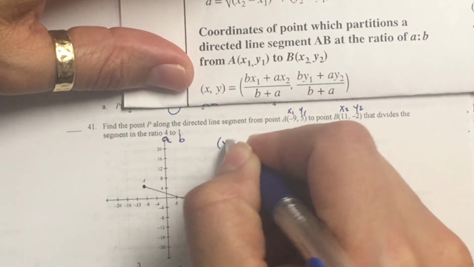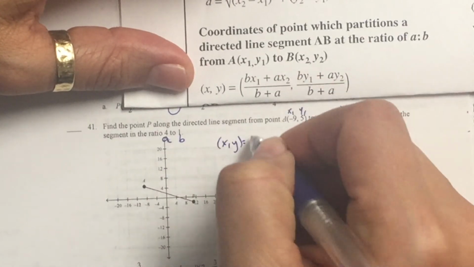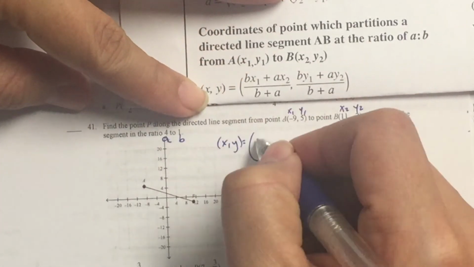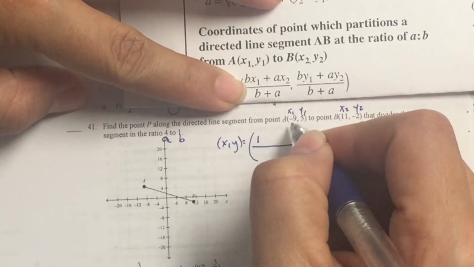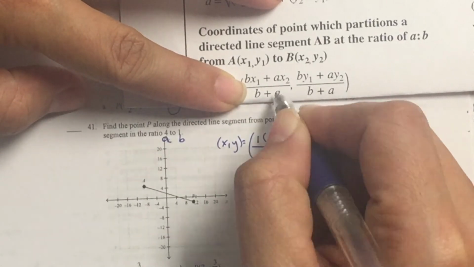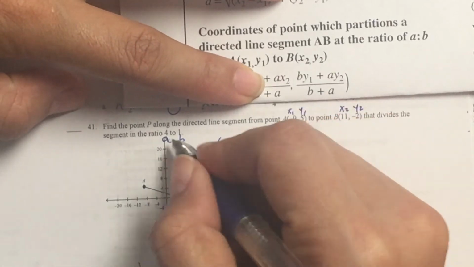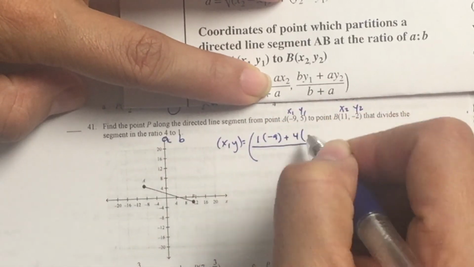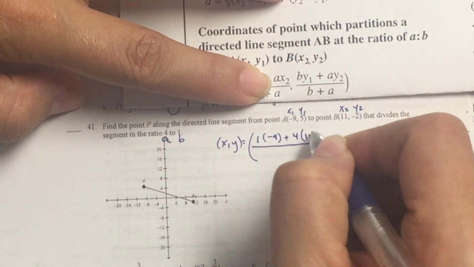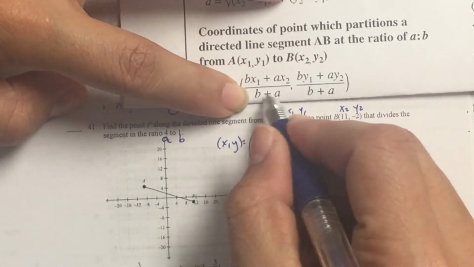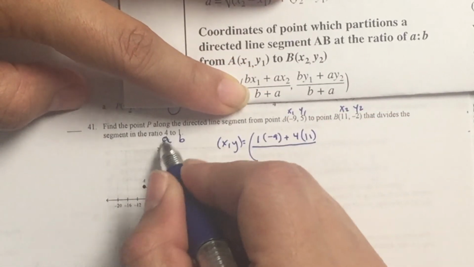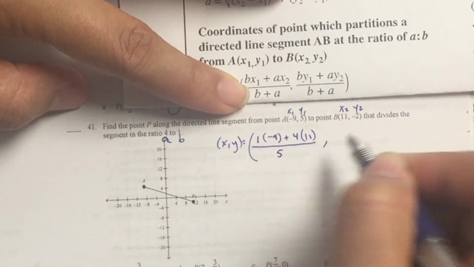All right, so you have x = (b·x1 + a·x2)/(b + a), which is (1 times x1, which is -9, plus a, which is 4, times x2, which is 11) over (b plus a, 4 plus 1, which is 5).